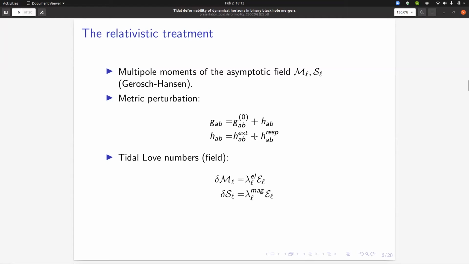This is further segregated into an external part, exclusively due to the applied external tidal field, and a small part, which is the response of the source to the external perturbations introduced by the tidal field. Thus the Geroch-Hansen multipole moments of the object change because of this response, and a similar constant of proportionality can be shown to hold, thereby defining the Love numbers.